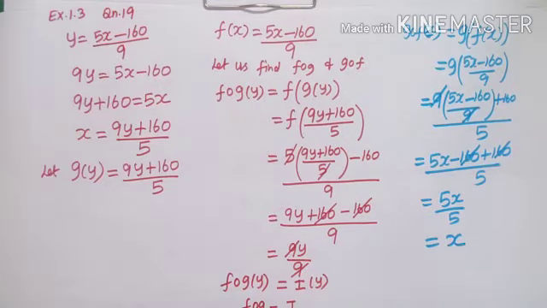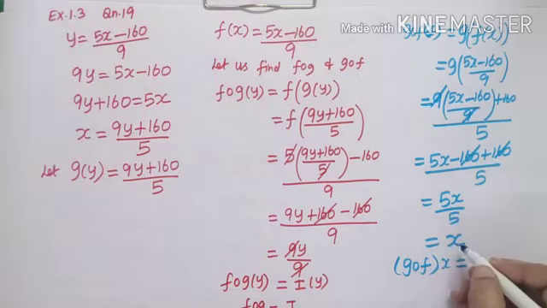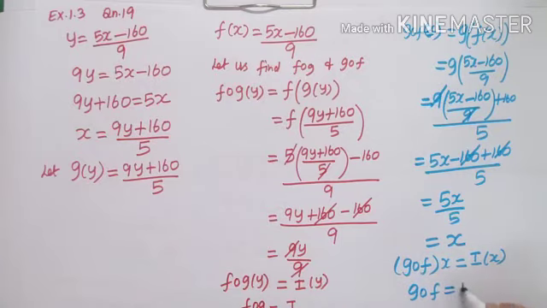I get x. So I have found out g composition f of x. I get x, which implies it is identity. So g composition f is nothing but identity I.